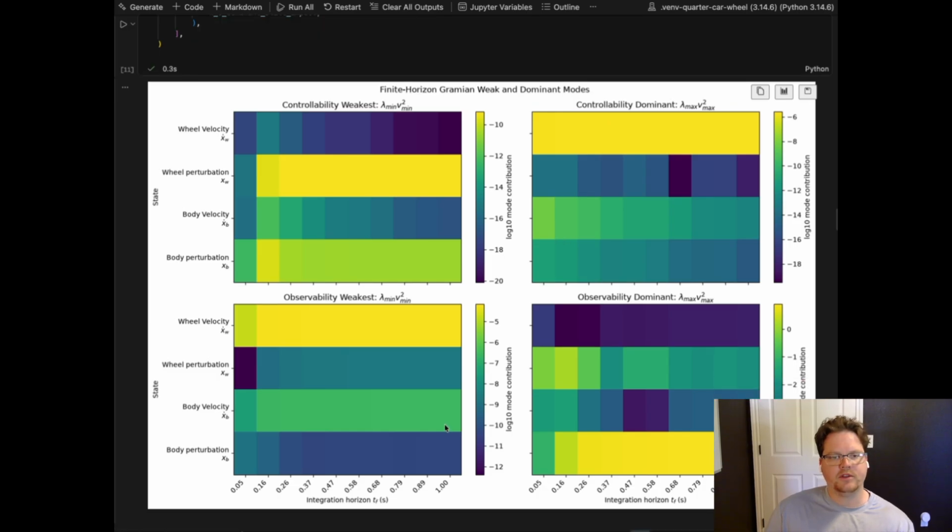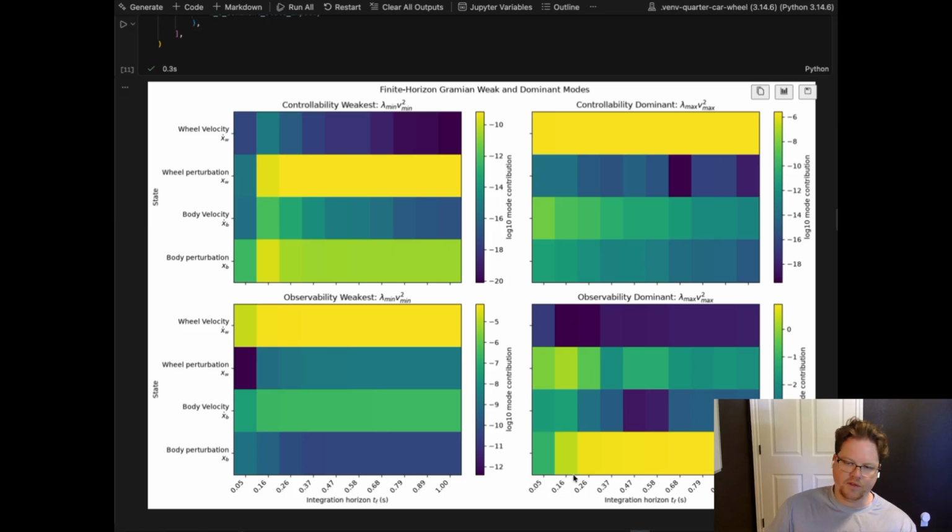So the observability now is modeled actually opposite. That's the interesting thing here, because we are directly measuring the suspension travel now. So for the wheel perturbation and the body perturbation, we actually have dominant observability; they are much more observable in these two states on that dominant mode in the eigenspace.